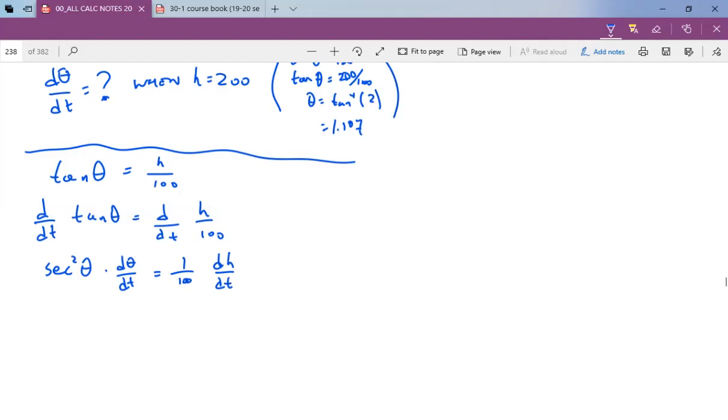In our next step, we are going to now substitute, so secant squared of 1.107 times d theta dt is equal to 1/100th times dh dt, which we know to be 5.